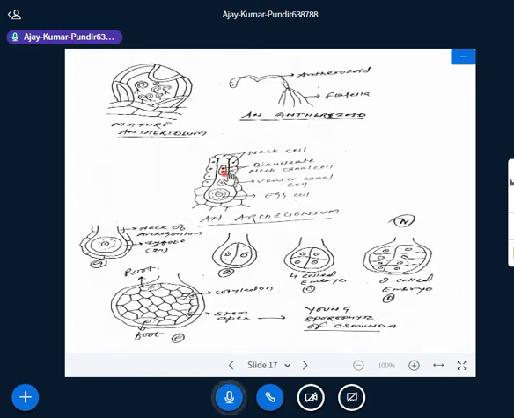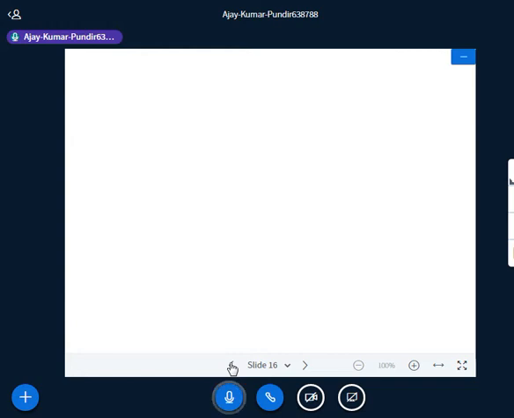So the fertilization is chemotactic. Due to the aromatic smell of the malic acid and fumaric acid, many anthrozoids are attracted towards the archegonium, and only one enters into the archegonium and fuses with the egg cell and produces diploid zygote. This is the fertilization event.